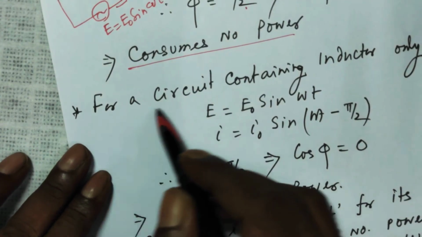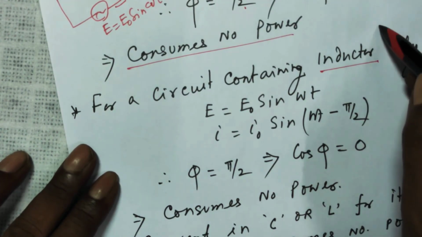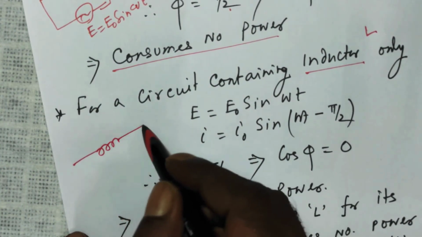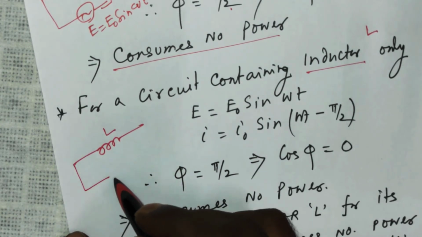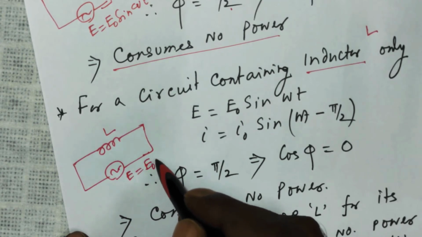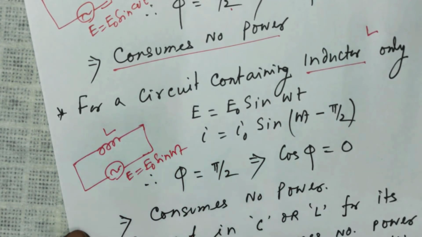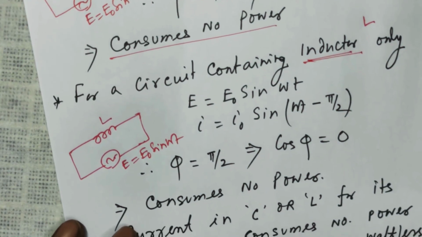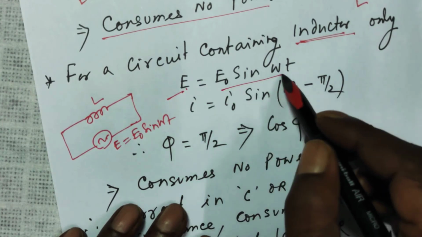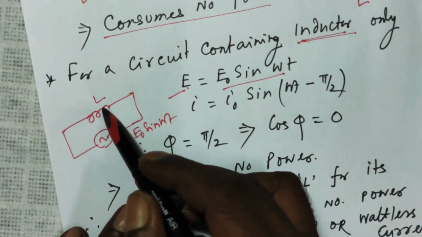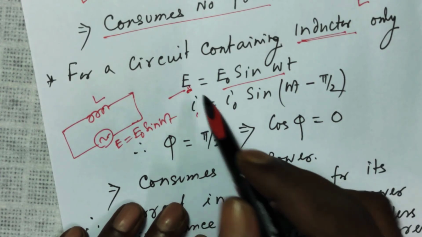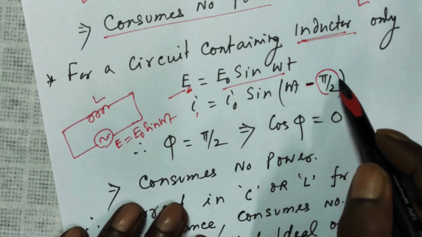Then for a circuit containing only an inductance L, like this, inductance L connected across an alternating source of EMF, E is equal to E naught sine omega t. For this, we had separately derived in previous lessons that if E is equal to E naught sine omega t applied across a pure inductor, your current was lagging behind the EMF by pi by 2.